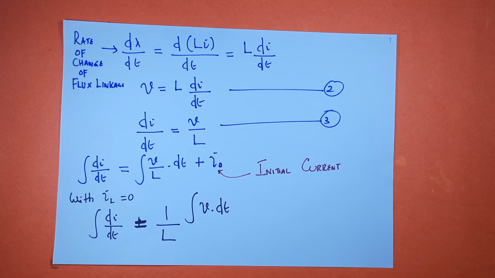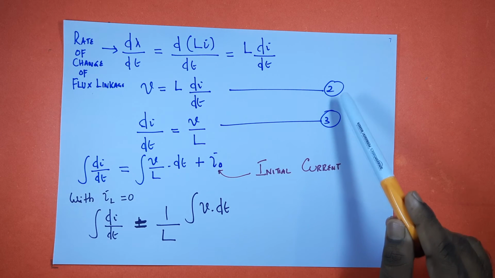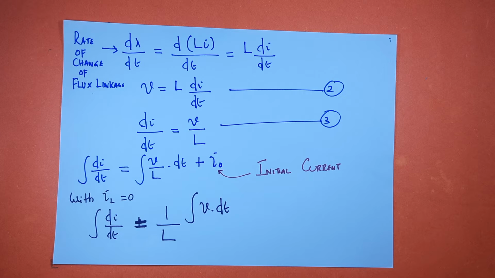According to Faraday's law of electromagnetic induction, this rate of change of flux linkage is nothing but the voltage. So d lambda by dt is the voltage, v equal to L di by dt. You can call this equation number 3.